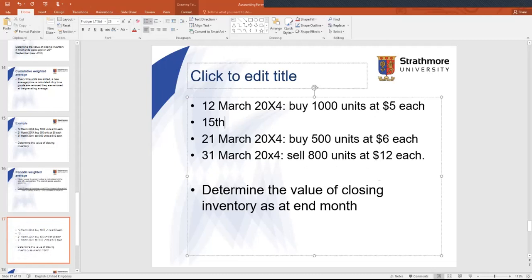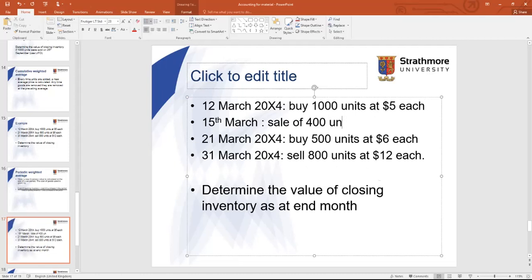That's on the 15th, 15th March, coming with a sale of, let's say, 400 units at $7.5 per item each.